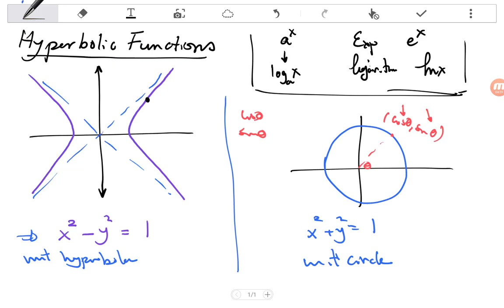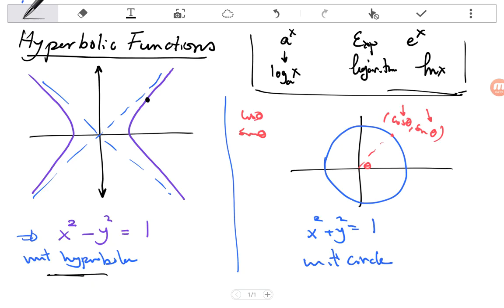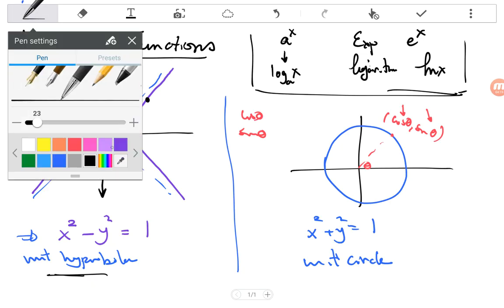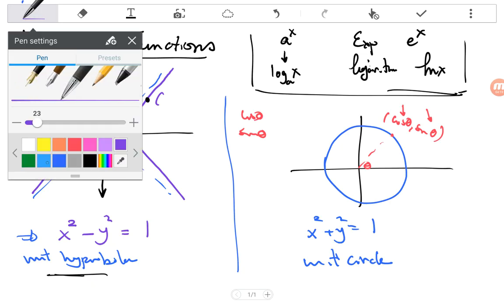for which the coordinates of a point, instead of moving on a unit circle, are moving on a unit hyperbola. They are moving on a unit hyperbola, and we will call them hyperbolic cosine and hyperbolic sine, instead of cosine and sine, which are known to be circular functions.